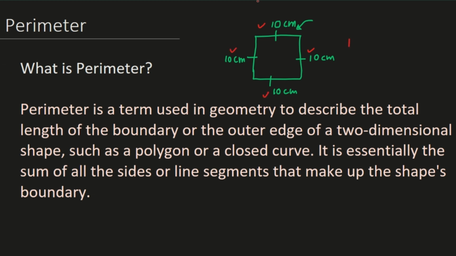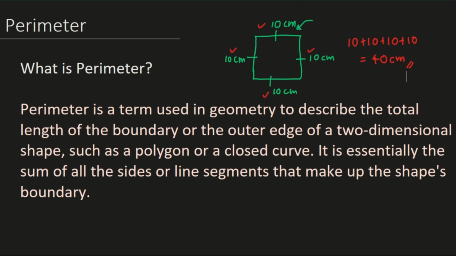So that should be 10 plus 10 plus 10 plus 10. So the perimeter of the square will be, in simple terms, 40 centimeters. Got the point? So I hope it is clear by now. So simply, perimeter is the sum of all the sides or line segments that make up any shape's boundary.